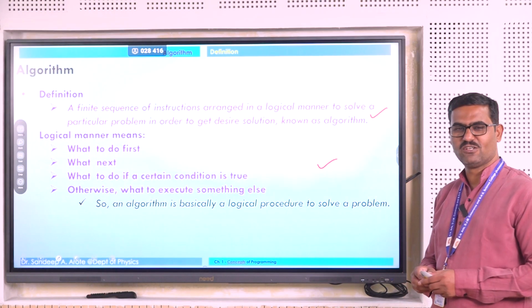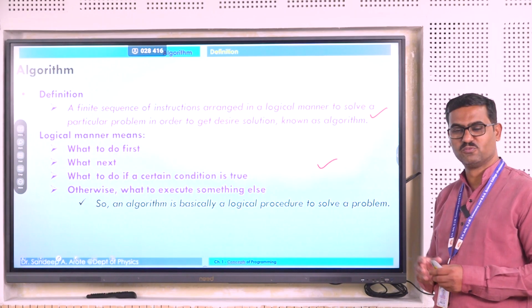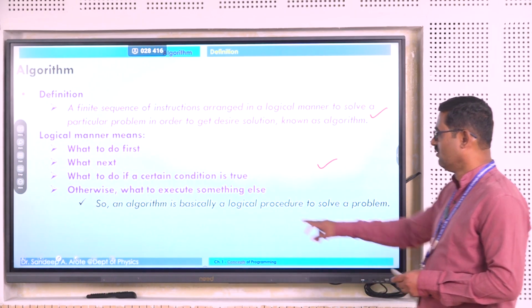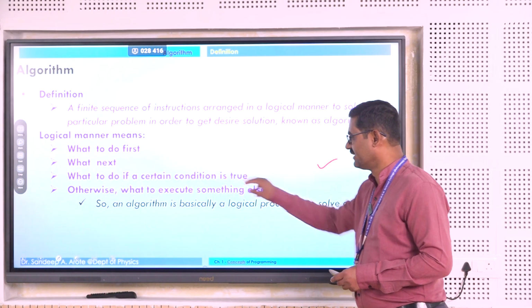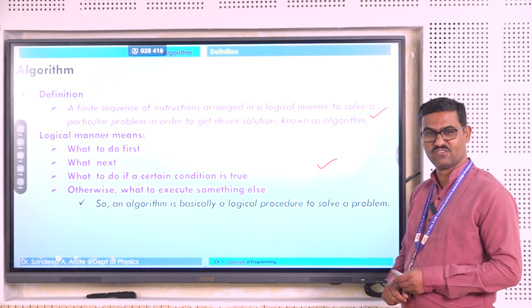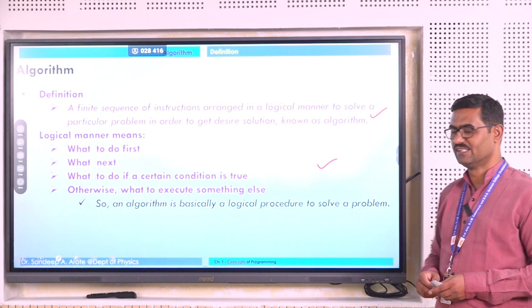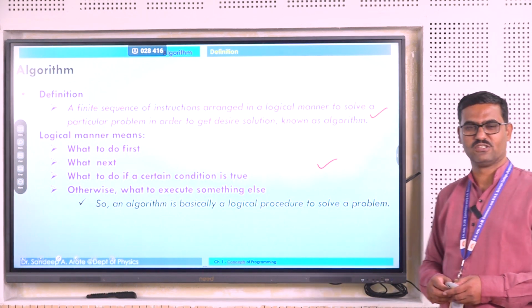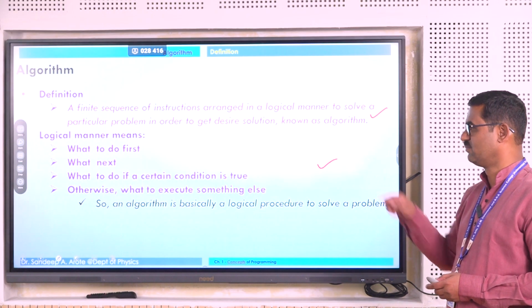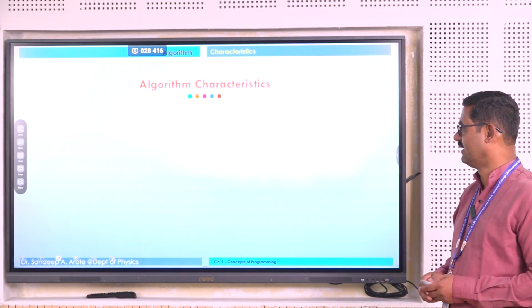Now what is logical manner? Logical manner means what to do first, what is next, what to do in a certain condition, if it is true, if it is false, what to do, and what is executed if something is not correct or the condition is not true. So all this flow is known as logical manner.